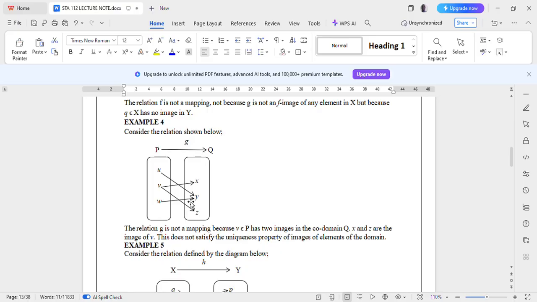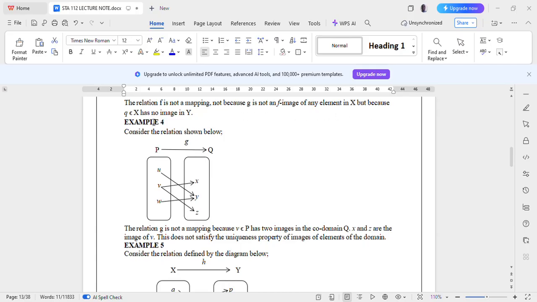Don't forget, two elements can have one image in the codomain, but one element cannot have two images in the codomain. So the value of y when x is equal to 1 is equal to the value of y when x is equal to minus 1, which is 2.